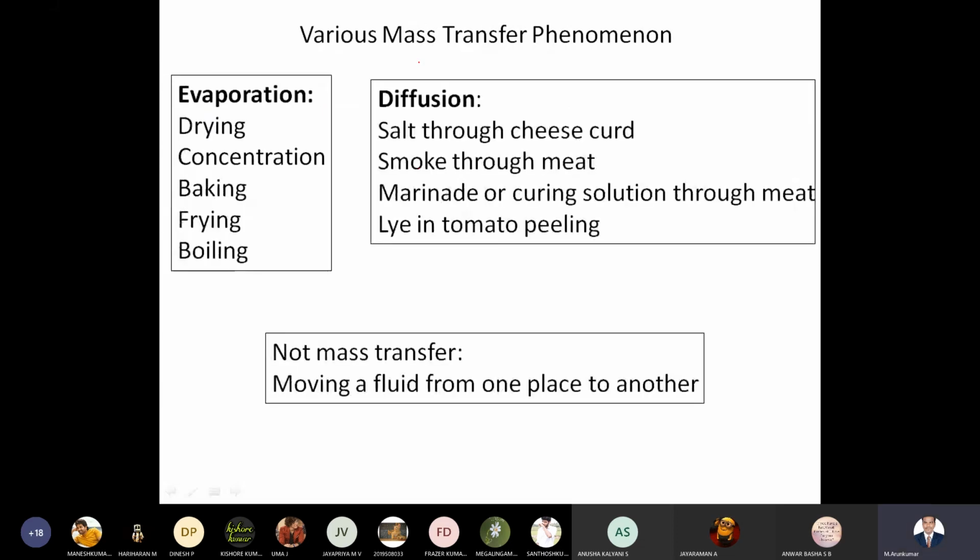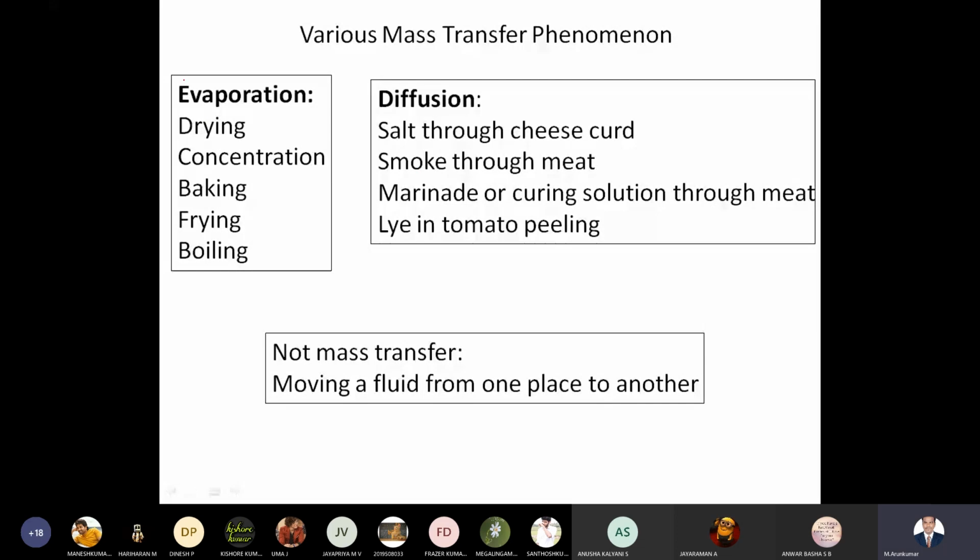Right. You may get confused and think that the moving of fluid from one place to another is mass transfer. That is not actually true. Moving fluid from one place to another is not considered mass transfer.